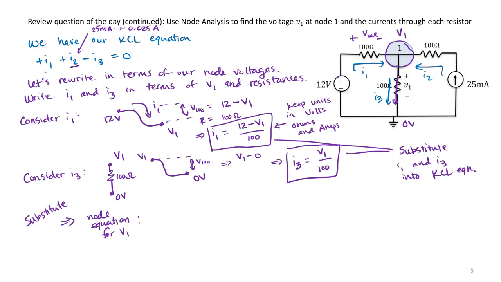So once again, we substitute, so we have plus I1, so that will be plus 12 minus V1 over 100, plus I2. Remember, I2 is 25 milliamps. Remember, we want to keep our units in terms of volts, ohms, and amps. And then finally, minus I3. I3 is V1 over 100.